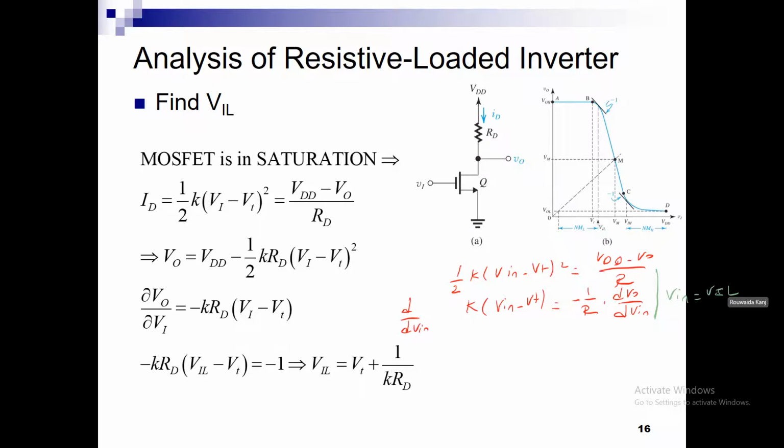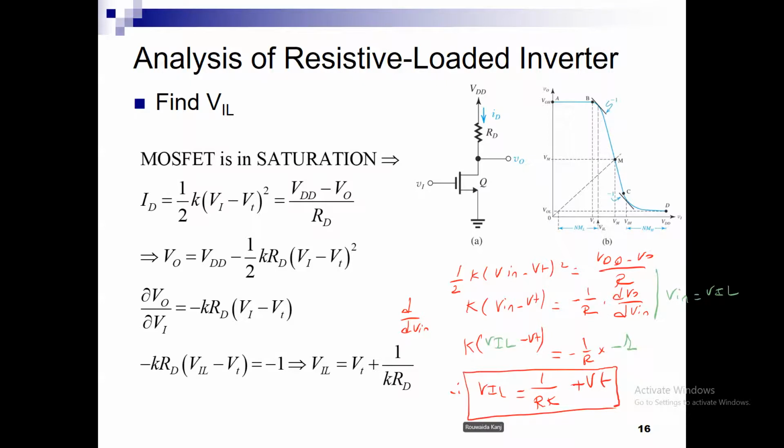So I will end up with -1 over R times this quantity, which becomes -1, and at the input I will end up with K into VIL minus VT. Therefore I will end up with VIL equals 1 over R times K plus VT.